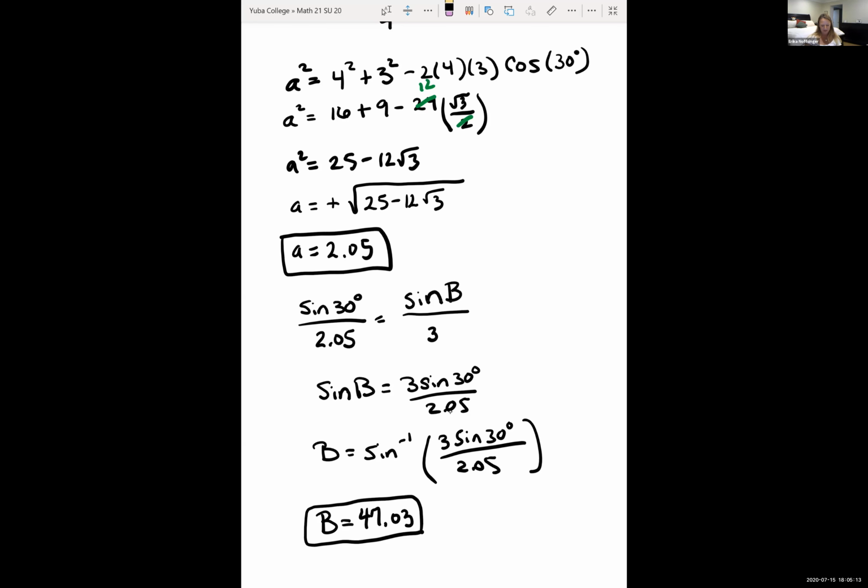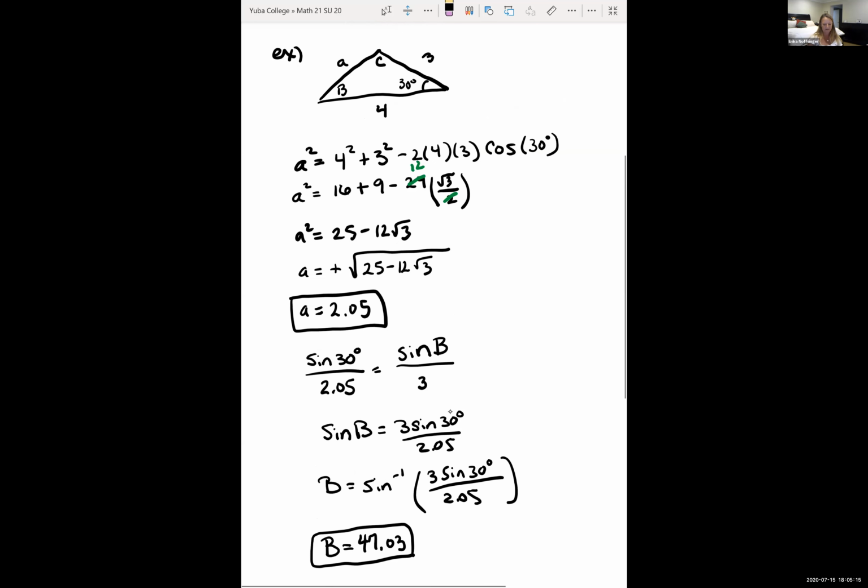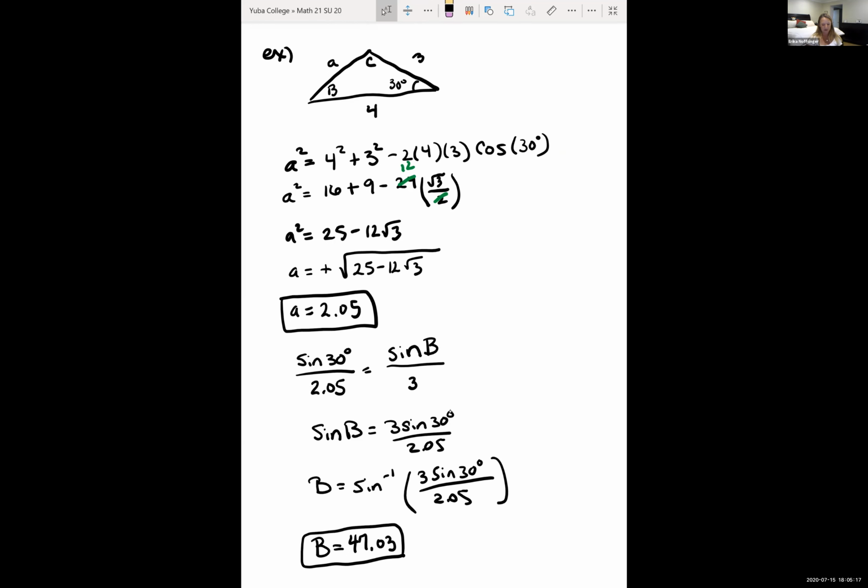One more thing we've got to find: angle C. Again, I could use the law of sines here, but that's overkill. We already know two of our angles, so it's easy to find the third by knowing that they have to sum to 180 degrees.